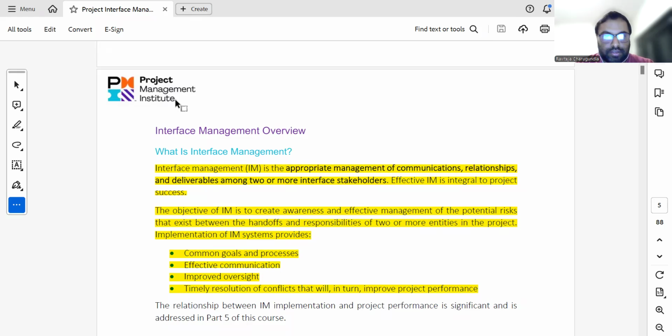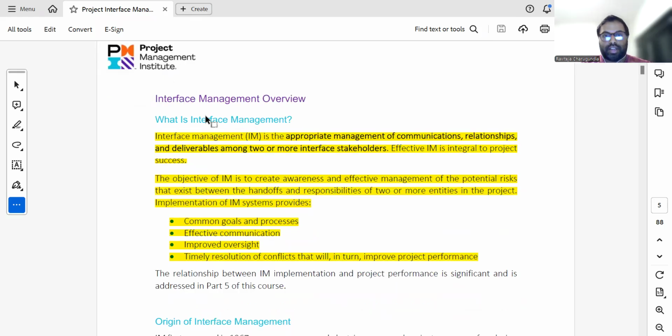So here, what is interface management? Interface management is the appropriate management of communication, relationship, and deliverables among two or more interface stakeholders.